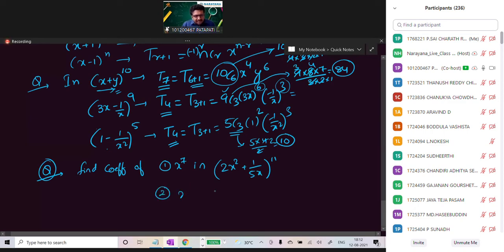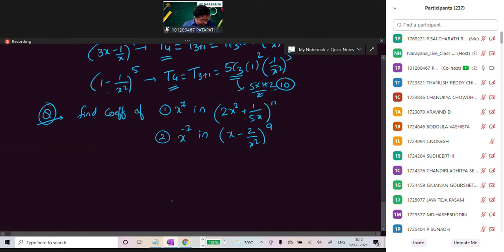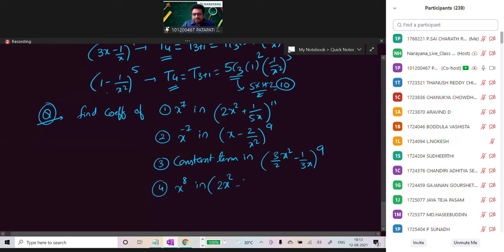Coefficient of x^−7 in (x − 2/x²)^9. Constant term in ((3/2)x² − 1/(3x))^9. Fourth, coefficient of x^8 in (2x² − 3/x)^9.